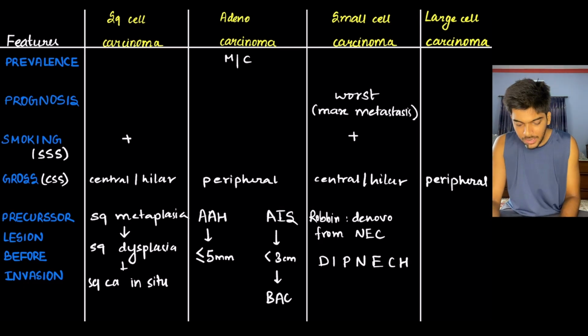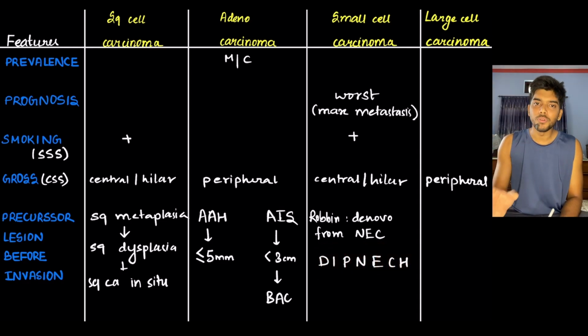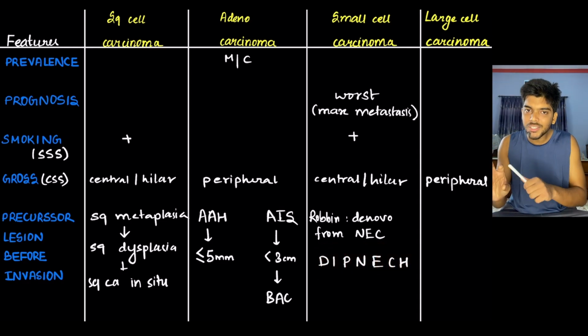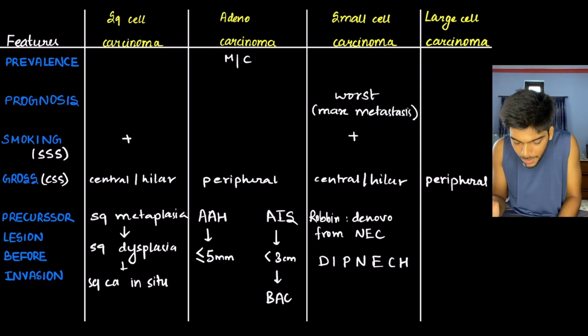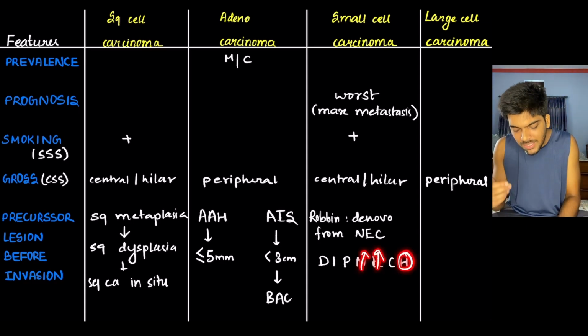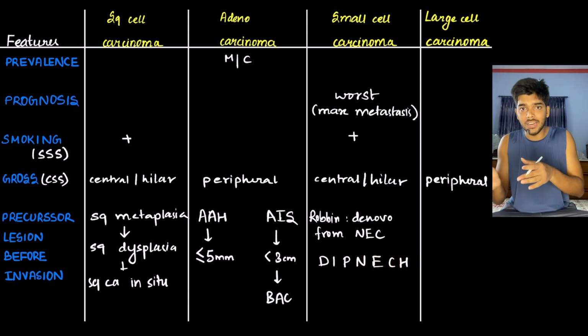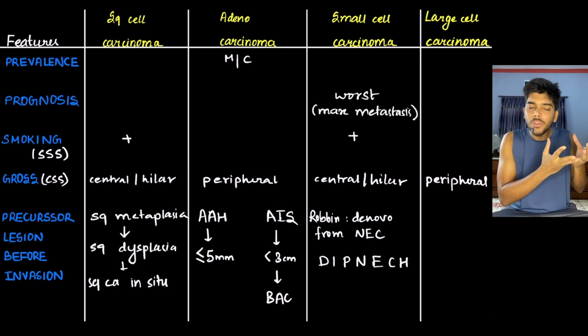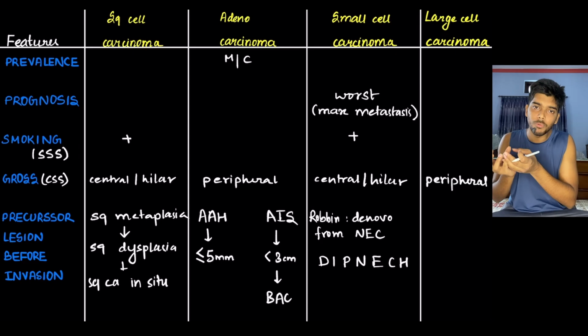What is DIPNECH? It is diffuse idiopathic pulmonary neuroendocrine cell hyperplasia. So before the formation of small cell carcinoma, there is a precursor lesion, and that precursor lesion is hyperplasia of neuroendocrine cells. Obviously, because the neuroendocrine cell tumor is small cell carcinoma, first hyperplasia of neuroendocrine cells takes place, and then the neuroendocrine tumor, that is small cell carcinoma, forms.